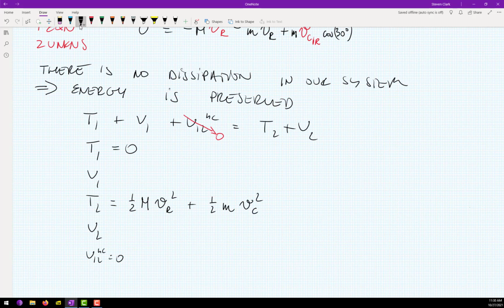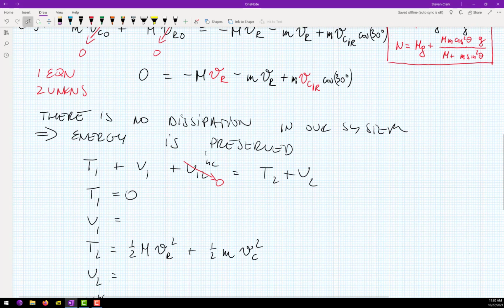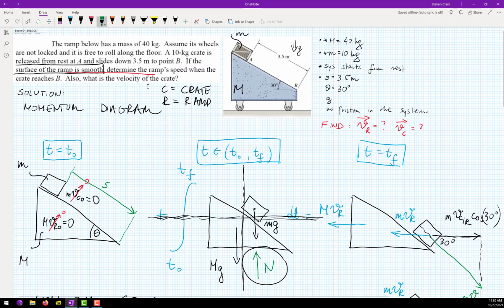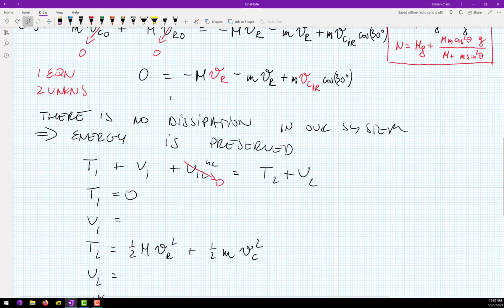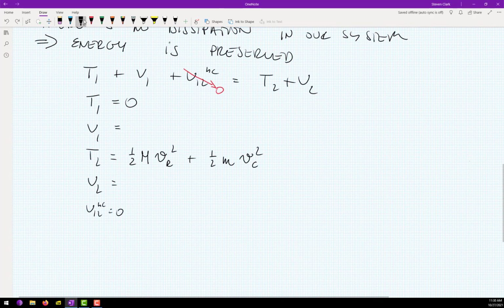Okay, potential energies. Let's put a datum in our system, here. At the end, our crate is aligned with the datum, so potential energy will be 0.